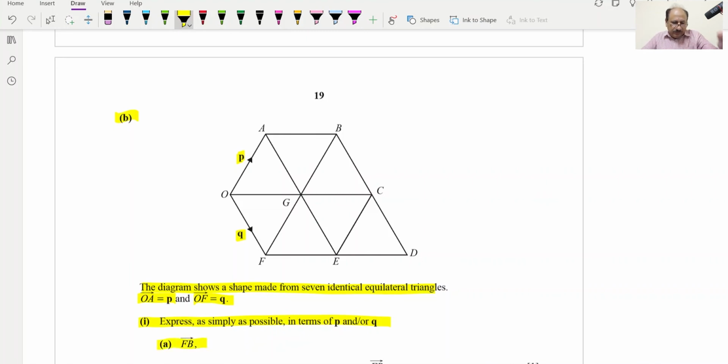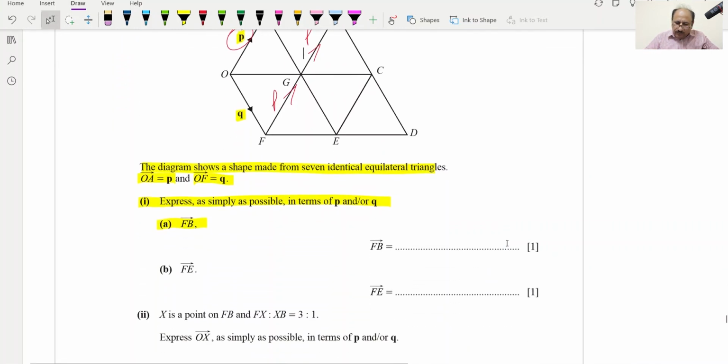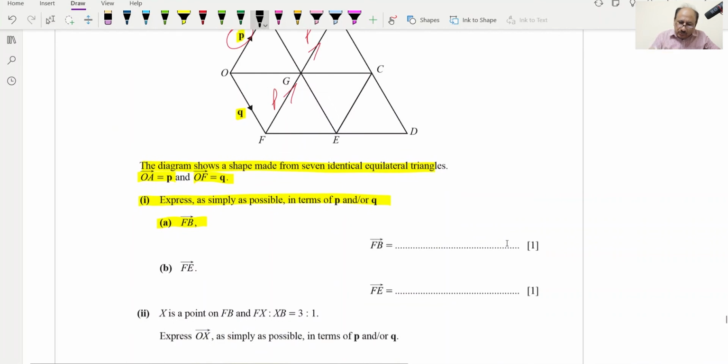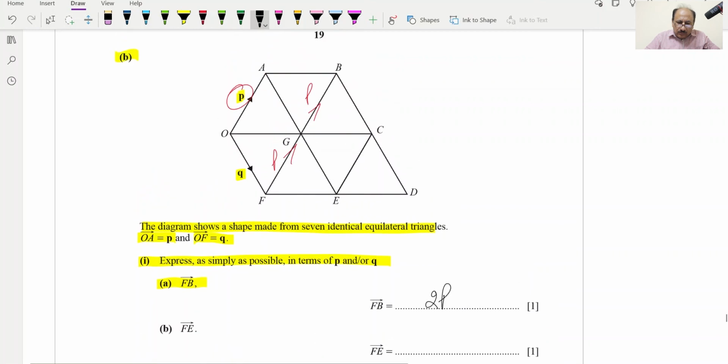So FB will be this one. And if we check, this is P, this one will be P, so FB will be 2P. For your explanation I'm writing this, this is a 1 mark question, no explanation required, but I'm explaining for you.